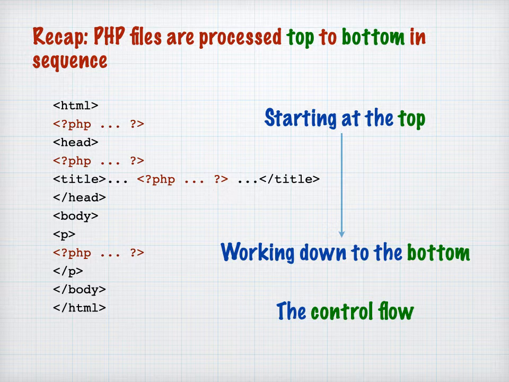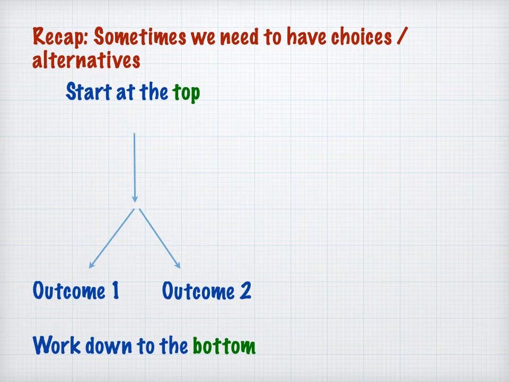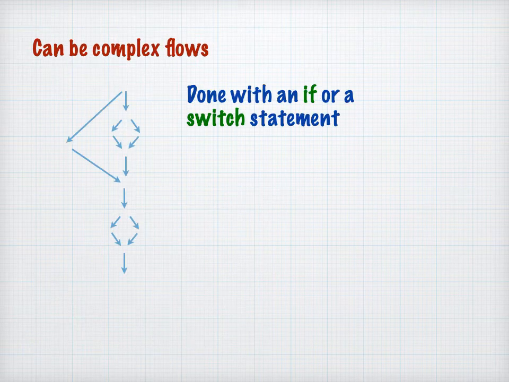Now that's called the flow of the program, and if you don't have any special control structures in the PHP program, then the process flow goes from top to bottom of the code. As we saw, sometimes you can change that flow. You might have choices, so there might be possible outcomes, and the way that we do that is to have a condition, and that's done with an if statement or a switch statement.